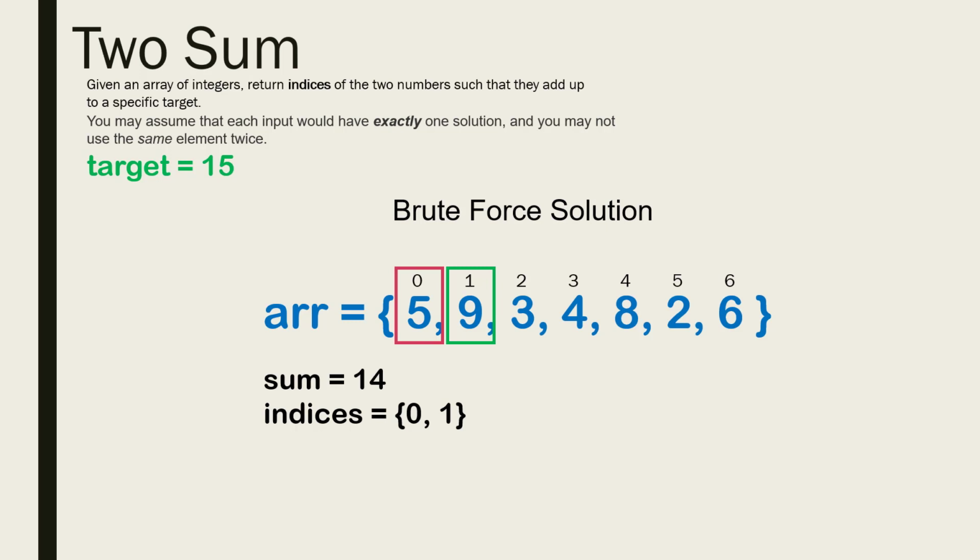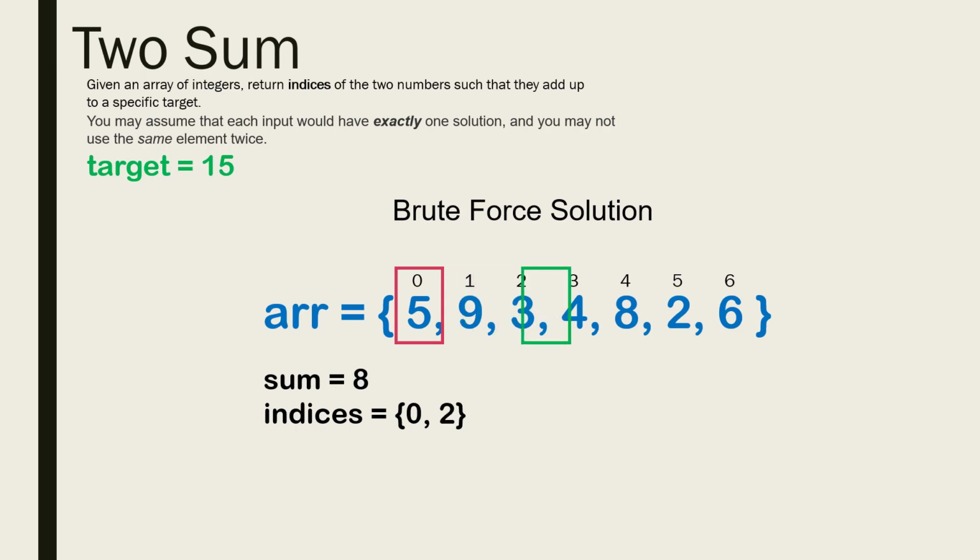So we will run through the array. The fast cursor will go through all the values on the right of the slow cursor until it finds the target. So 5 and 9, which has a sum of 14, is not the same as the target of 15. So we go to the next one, which would have the sum of 8.